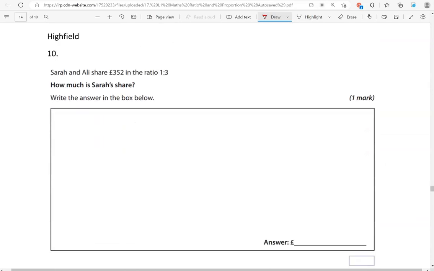Sarah and Ali share £352 in the ratio 1 to 3. How much is Sarah's share? So ratio is 1 to 3. 1 is for Sarah and 3 is for Ali. So that is 4 units in total. And in total they have £352 to share between them.